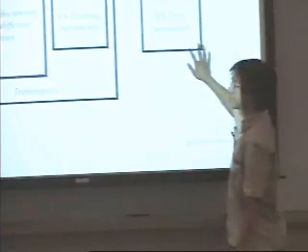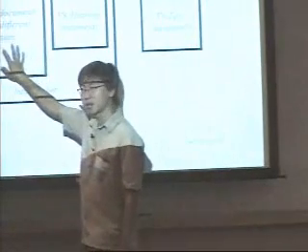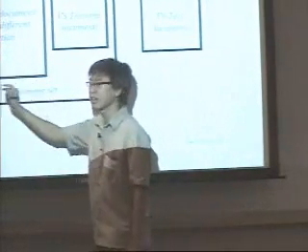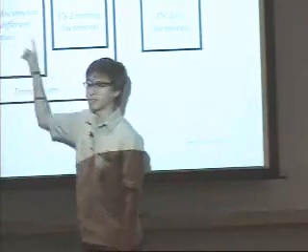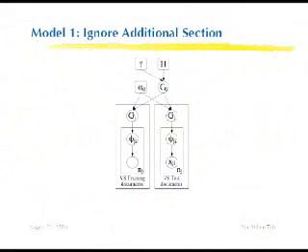So I'm going to look at the perplexity of these test documents. And also, I'm going to give the model papers from an additional section, and look at whether adding this additional section will actually help in the training of the model.